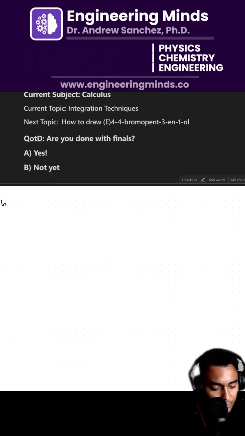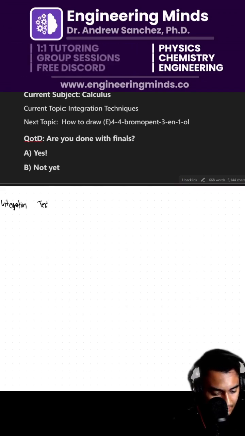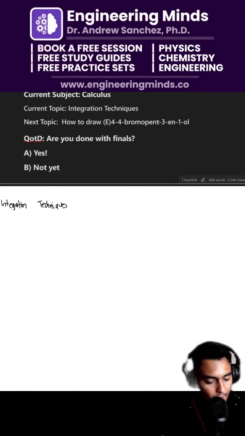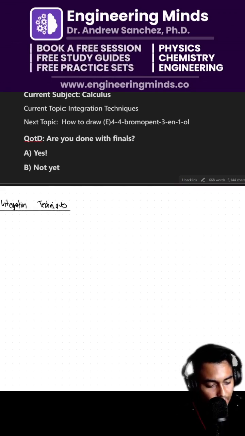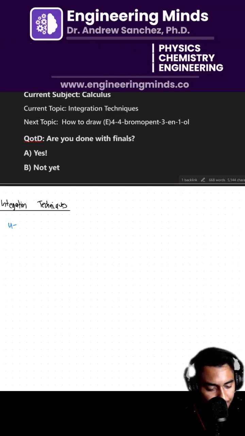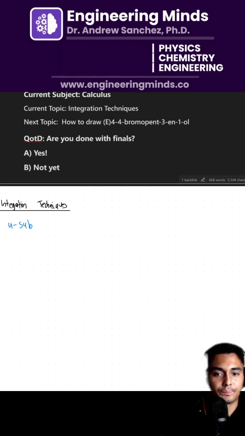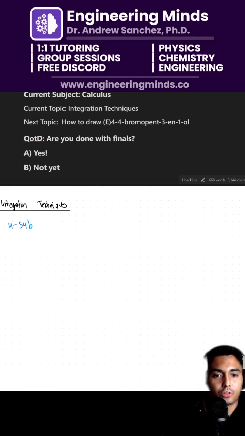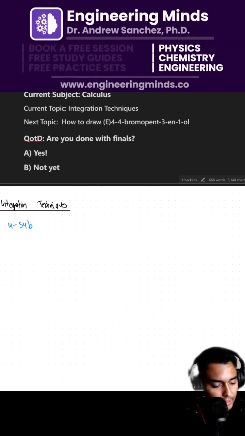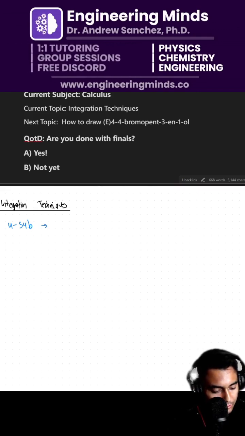And a couple more requests, integration techniques. Okay, so there's a couple integration techniques you need to know. And right off the bat, the most important one is U-sub, because pretty much all of them are technically U-subs in disguise. U-sub is when we have a function within a function.